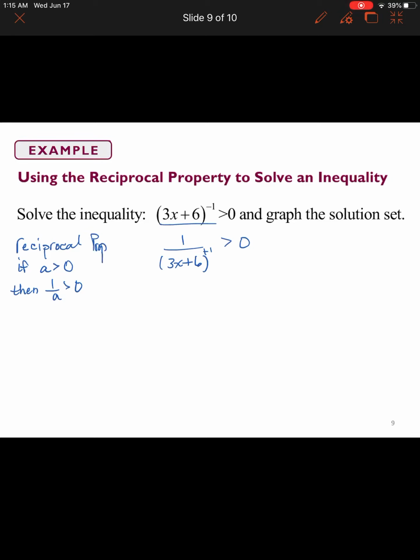Now, if we apply the rules of the reciprocal property, we could take this example and say, since that's positive, 3x plus 6 is also positive, and I can easily solve this. That will give me 3x is greater than -6, and x is greater than -2.